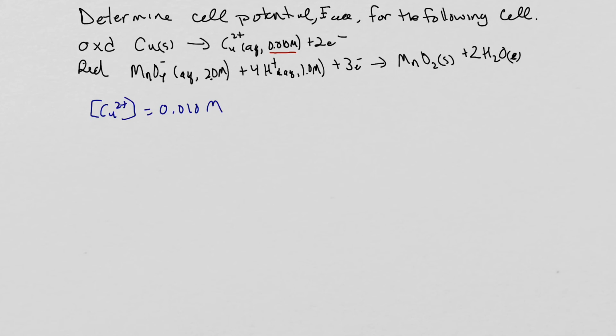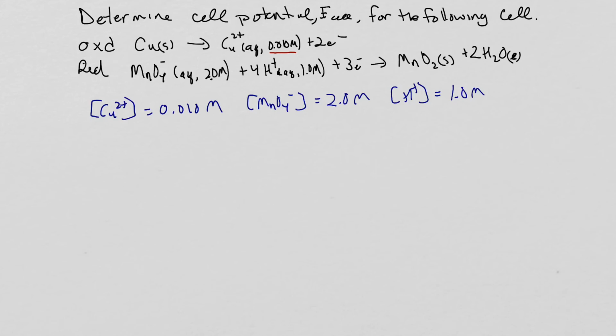So they've told us that the MnO4 minus is 2 molar, and the H plus is 1 molar. So clearly here we're at non-standard conditions. So we're going to use our non-standard equation, which is our Nernst equation.